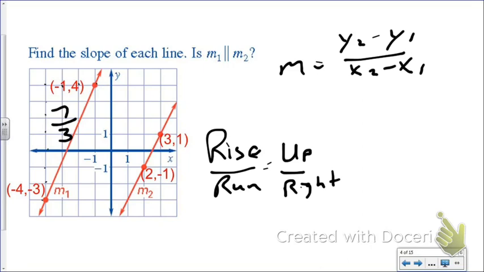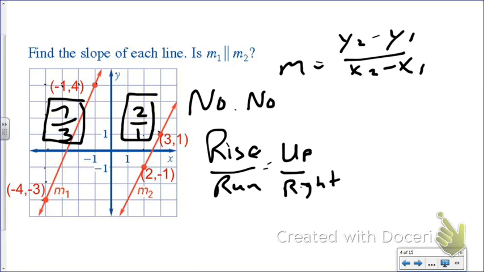For m2, if I start at the dot that's further left, which would be (2, -1), I would go up 1, 2, and right 1. So the slope would be up 2, right 1, which is 2. So those are the slopes, 7/3 and 2. Are the lines parallel? No, they're not parallel.